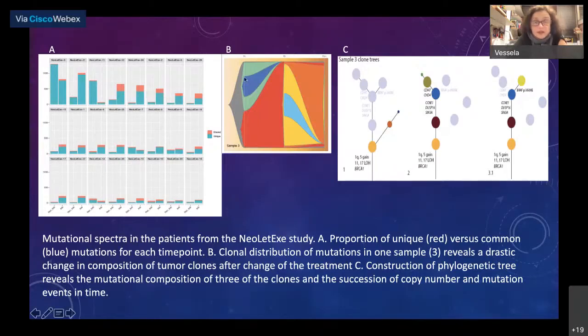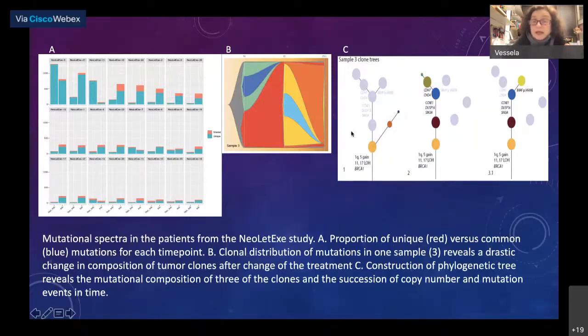We can plot this in terms of these colors, and we can see that for instance, in this sample 3, which had that many mutations, on the switch of the treatment at time point 2, the percentage of the different mutations representing different clones in the tumor changed drastically.